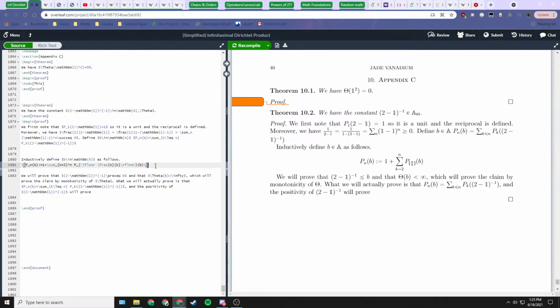Okay, so we're going to define B in A to satisfy this relation. Cat in a box, I love that, that's adorable. Okay, so define B in A to satisfy this relation. Or rather, let's just put this on a line.